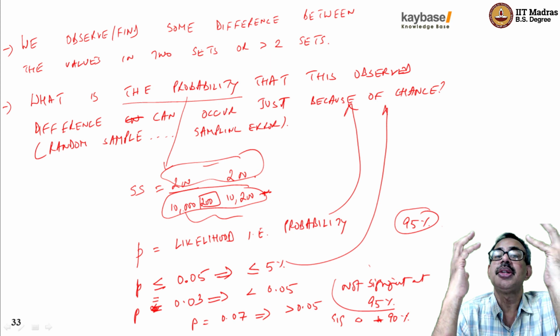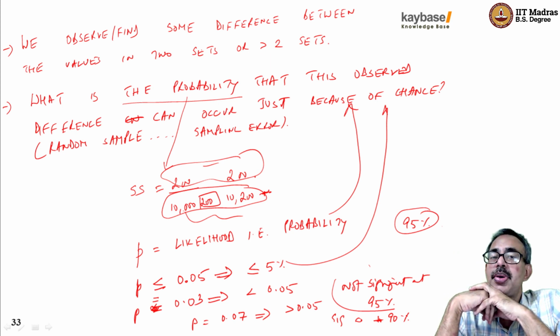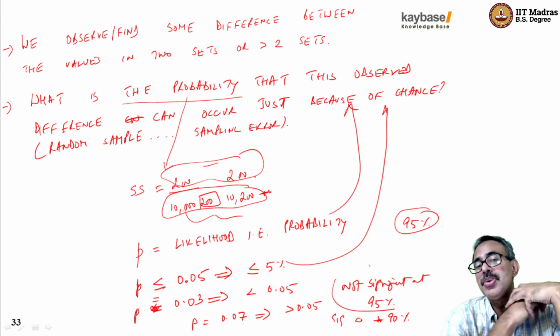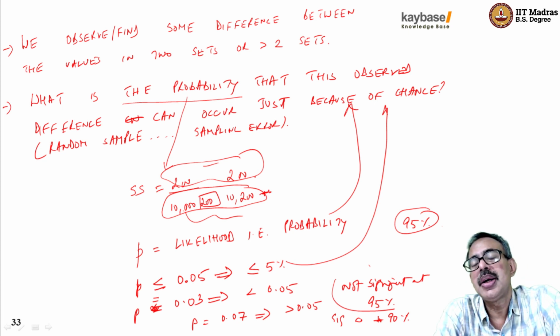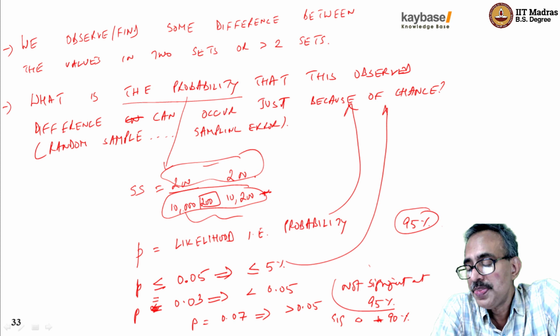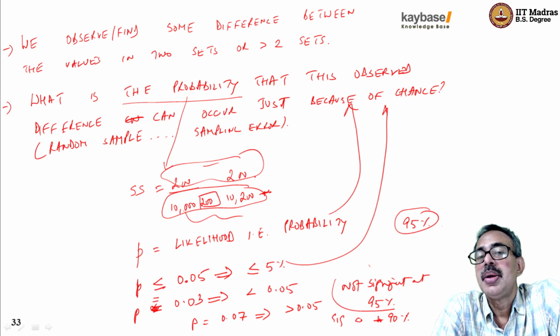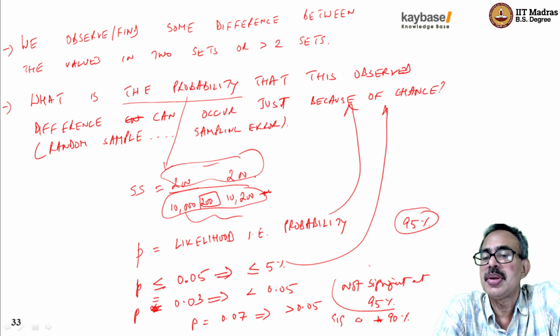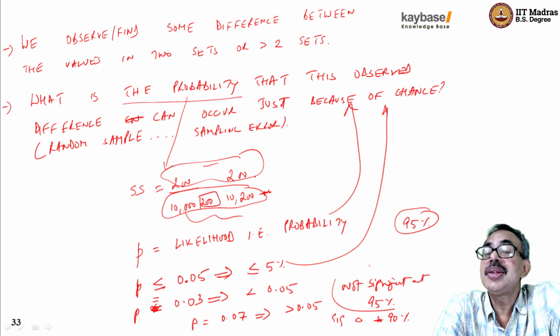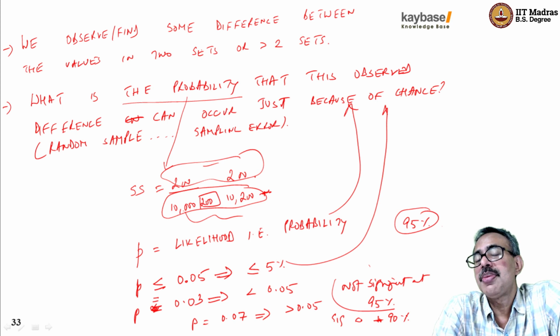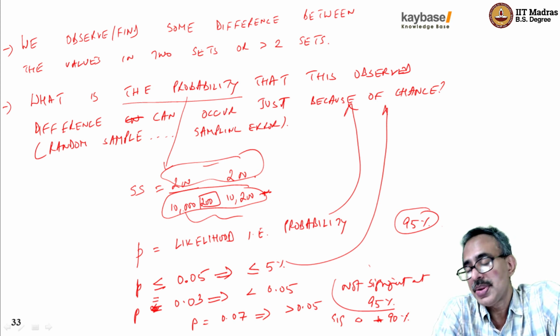Now, if that probability is less than 0.05, then we conclude that the difference between these two is significant at 95% confidence. If it is, let's say, 0.07, then we conclude that the difference is not significant at 95% confidence, but we can go on to say that it is significant at 90% confidence, because 7% is still less than 10%.